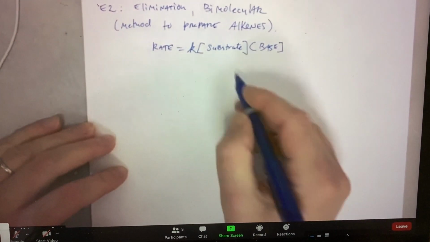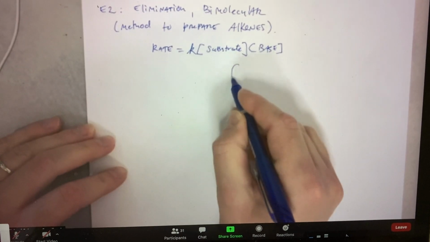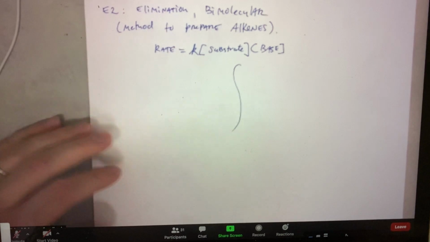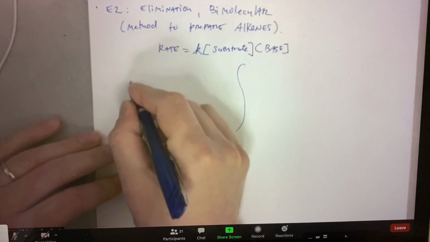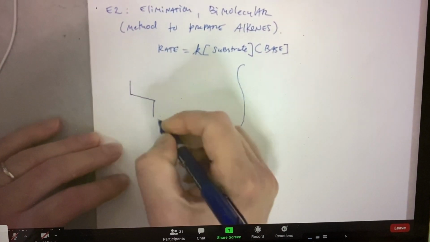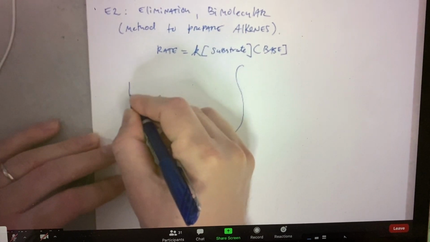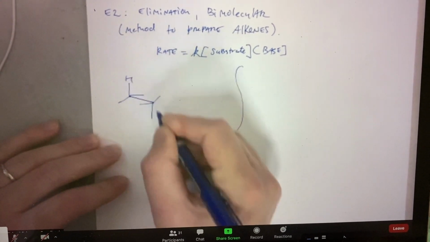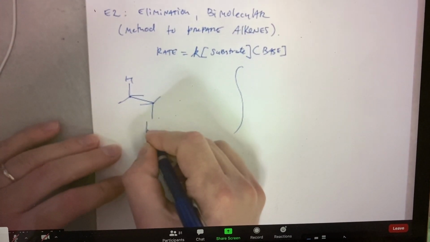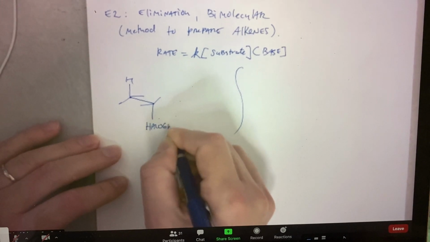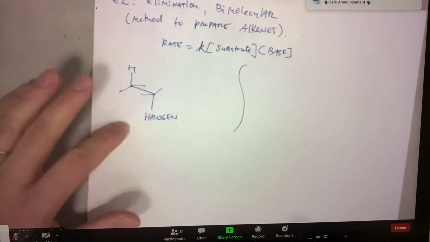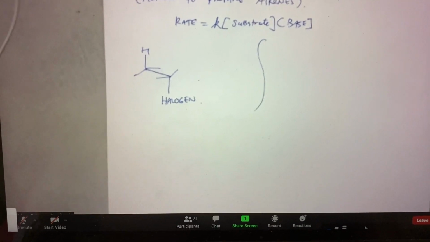Let's just put a little small demarcation here between 2 different things that we're going to draw. We're going to draw in a sawhorse projection. Just draw H, and let's draw the word halogen here. We could use the letter X here. So let's just draw a substrate like this.